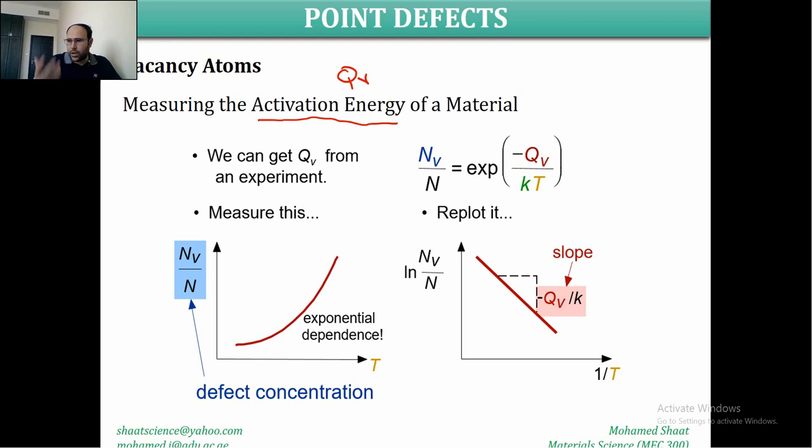Then, by the naked eye, we start to count, because we zoomed into the material microstructure, so we can clearly see these atoms. We can count how many vacant lattice sites, how many empty spaces exist between these different atoms.